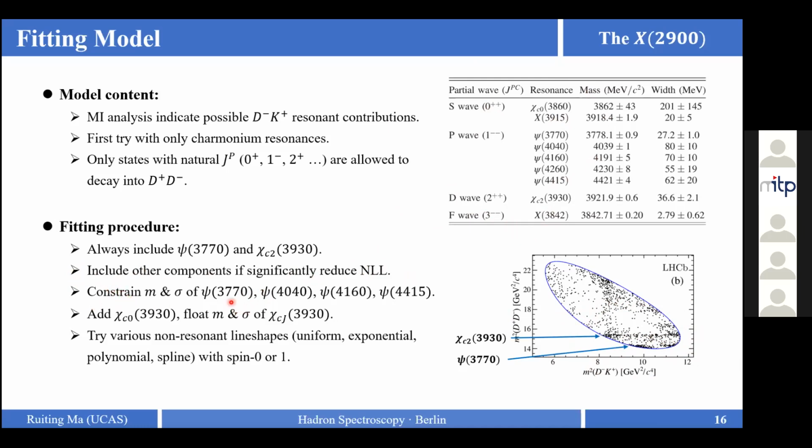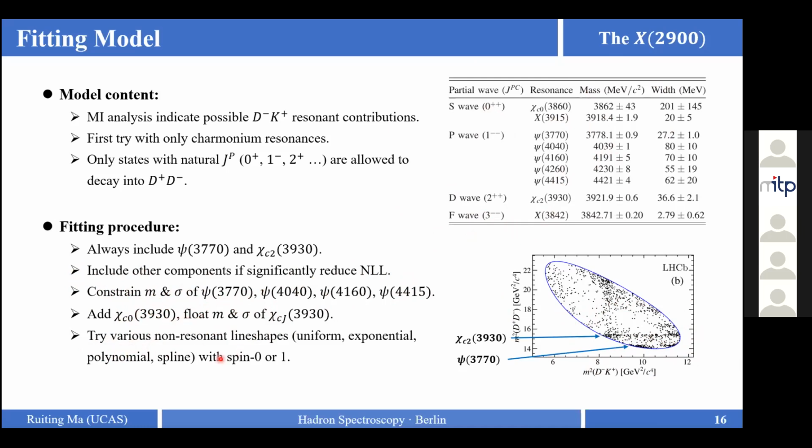We finally choose to include these four Psi states and constrain their masses and widths to the PDG values with Gaussian constraints. We also include an additional χc0(3930) state to the fit model to improve the fitting quality.